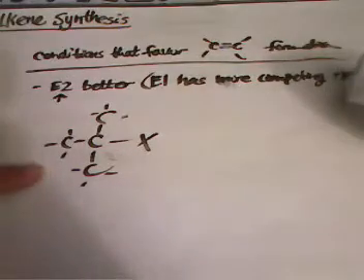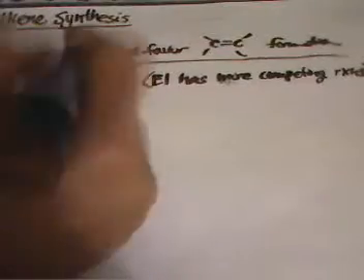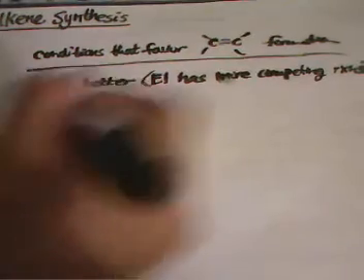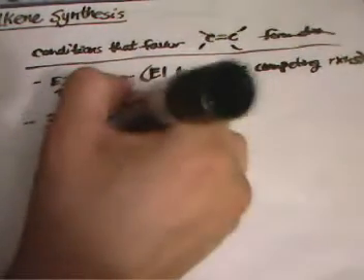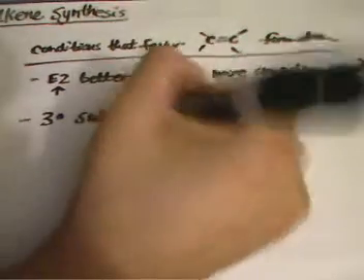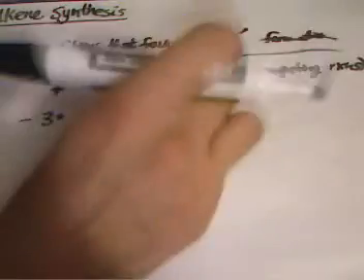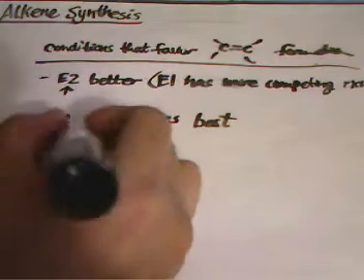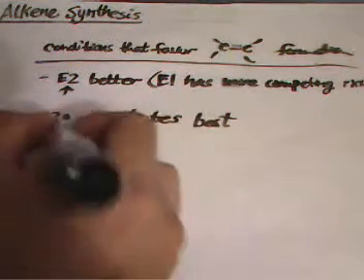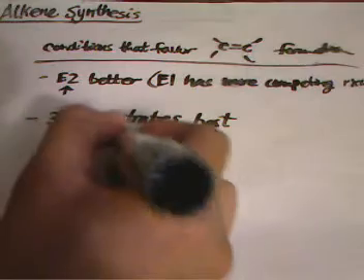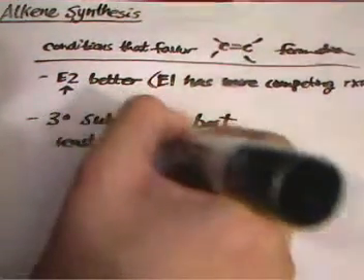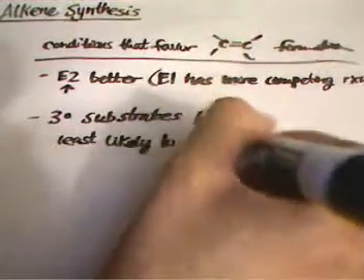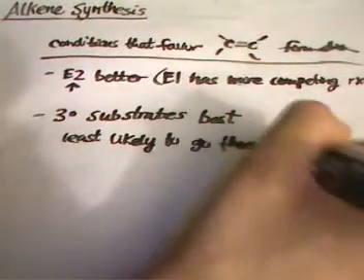But the tertiary substrates are the best for elimination. So if we choose our substrate to be tertiary, then we can ensure that elimination will be favored over substitution, because these are the least likely to go through substitution.